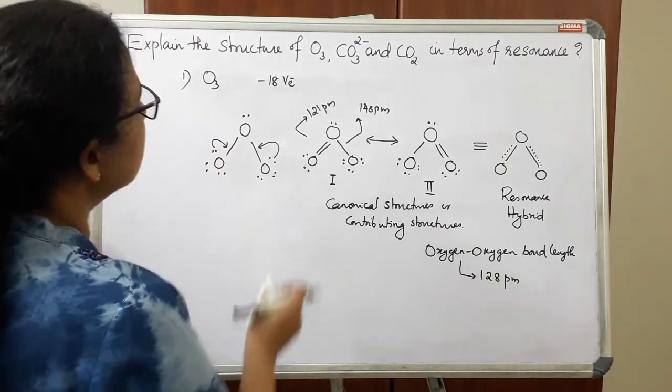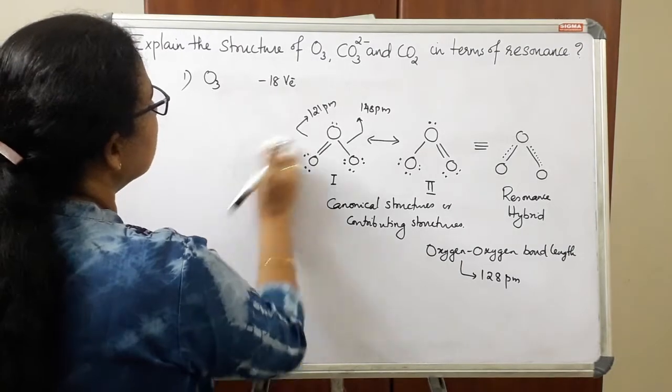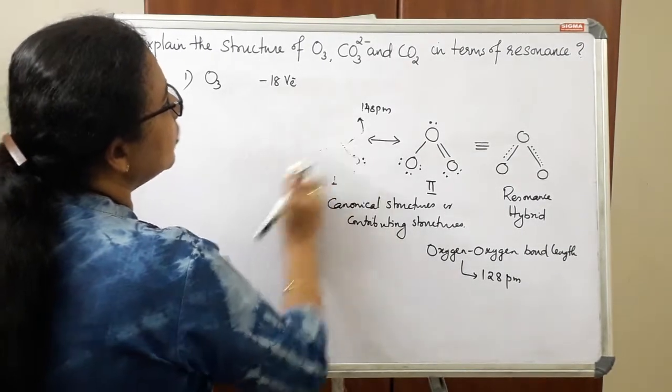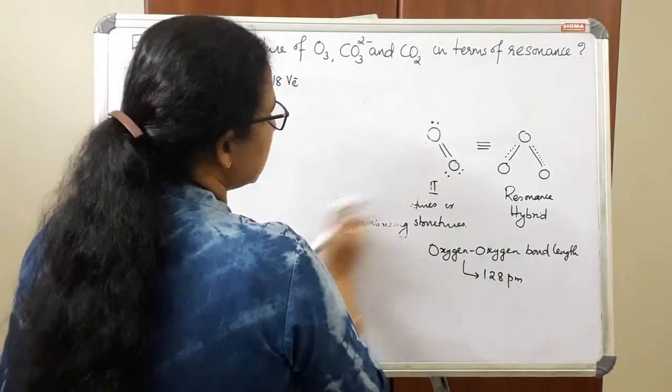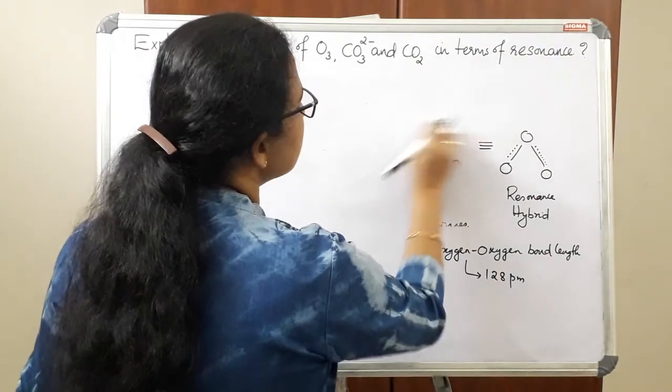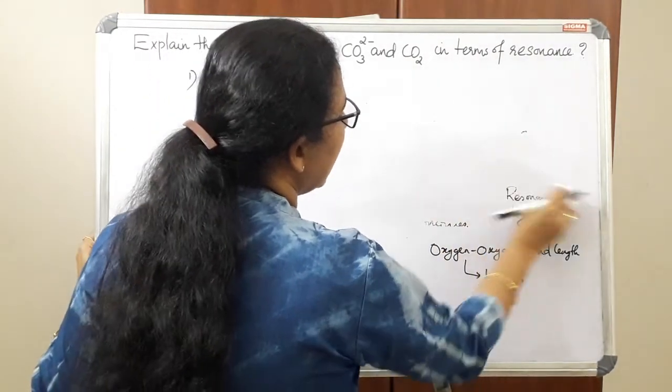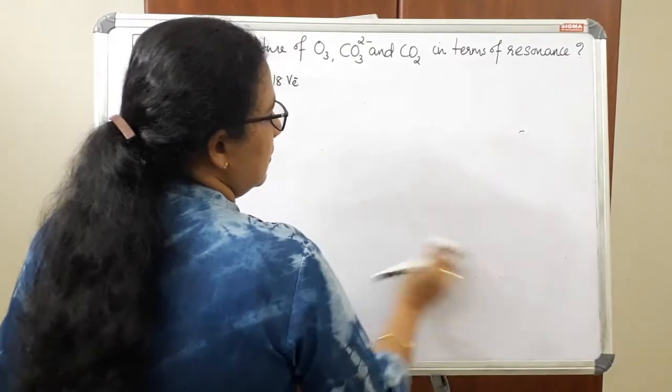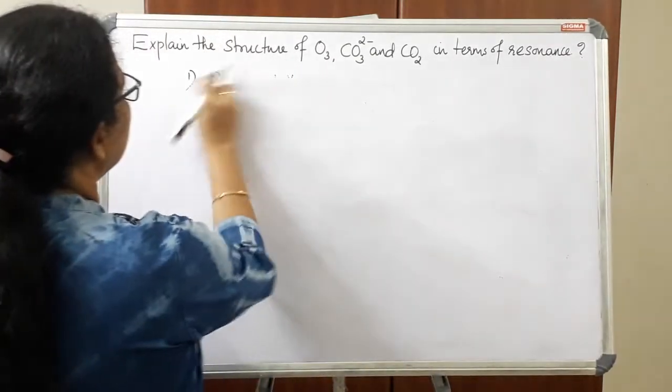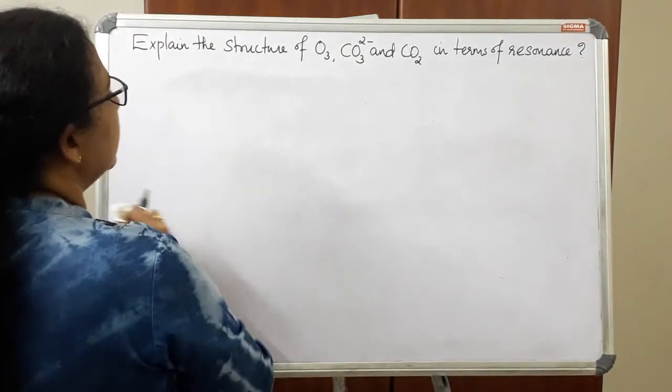Now let us consider the next ion, that is CO3 2 minus. In the case of CO3 2 minus, it is an anion. So first of all, we will draw the Lewis structure.